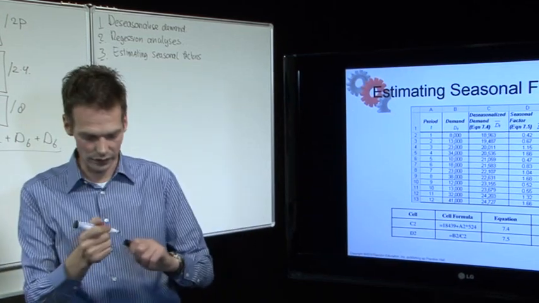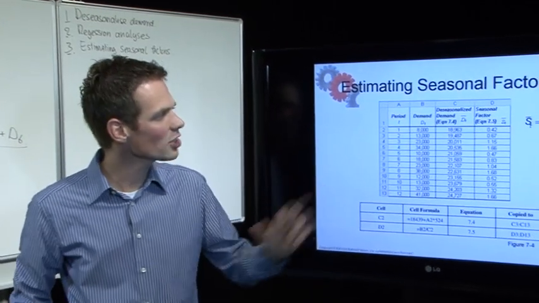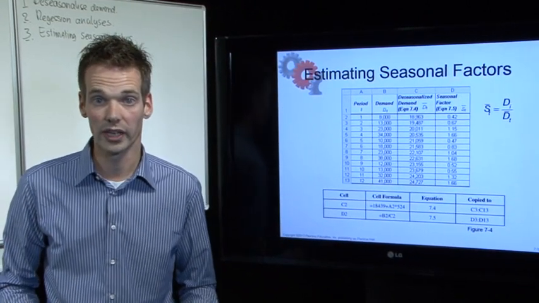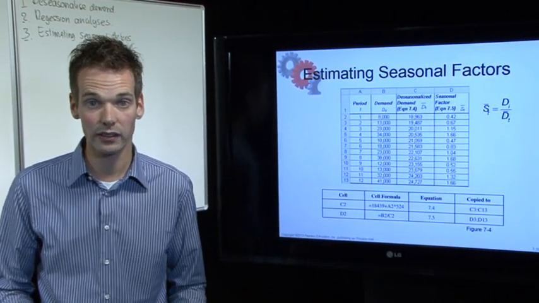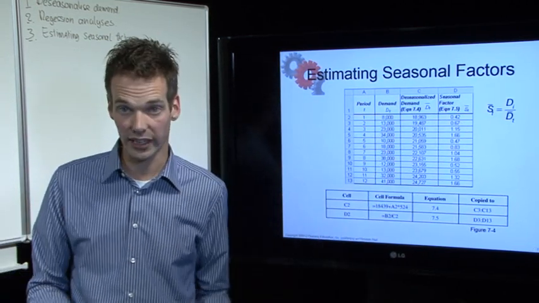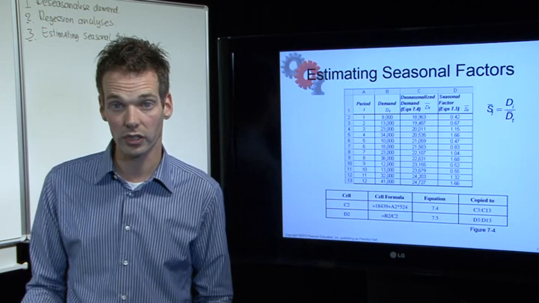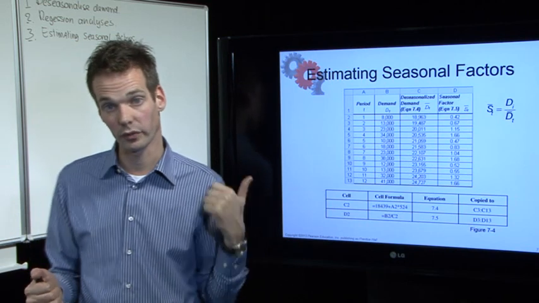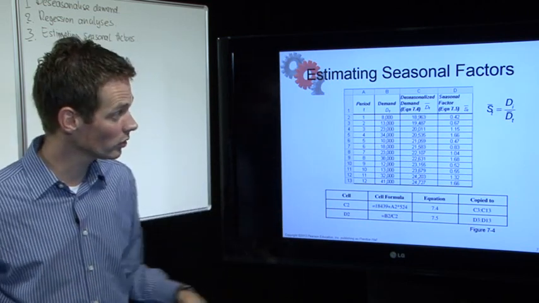Estimating seasonal factors, we first have to calculate the seasonal factor for each and every quarter in a year in this example of Tahoe salt. How do we do that?